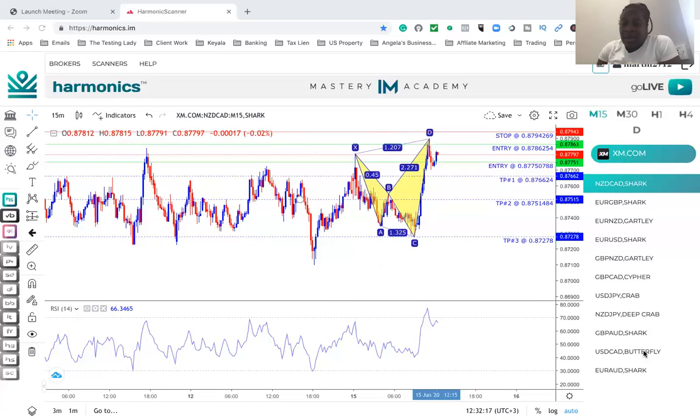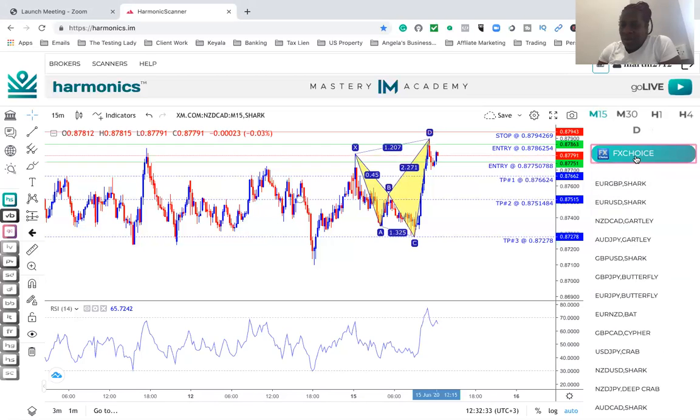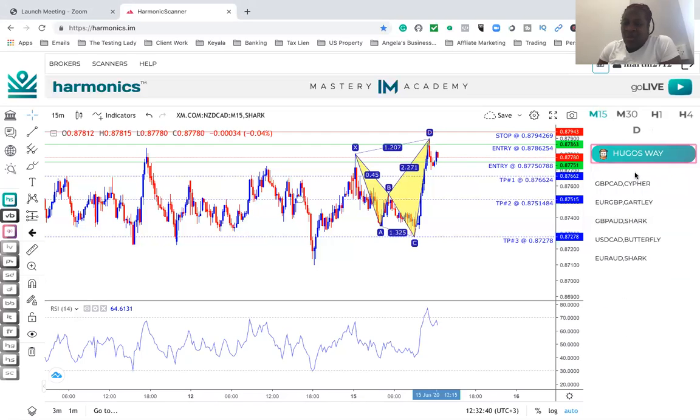Down the right hand side, where my cursor is, are all the different currency pairs. This section here is the brokers, and the brokers call out different trades. You can click on any one of these. It will default to the most recent one, but you will see that it changes, and it's calling out trade ideas on different time frames.